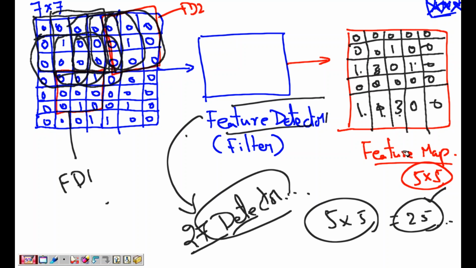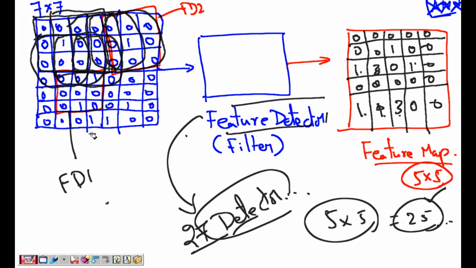At that time, you will get one more feature map, right? In this way, if I choose 27 feature detectors, that means 27 filters, how many feature maps will I get? For each feature detector, one feature map. So definitely 27.